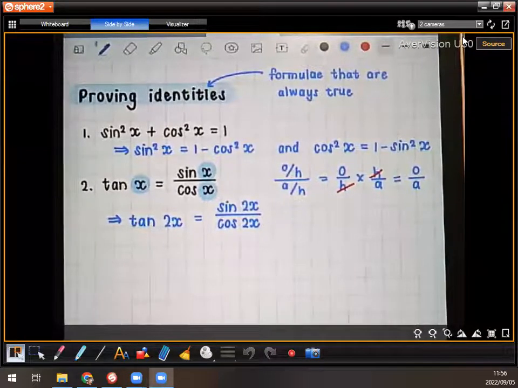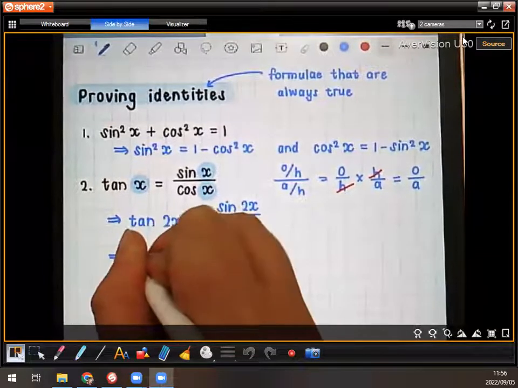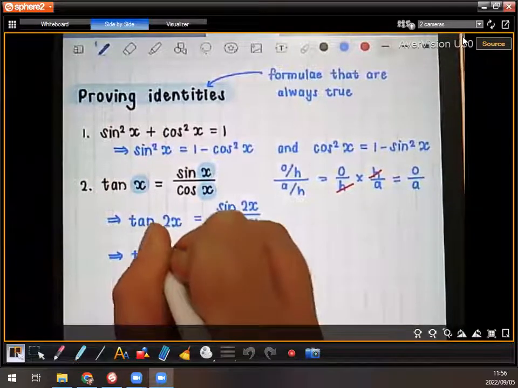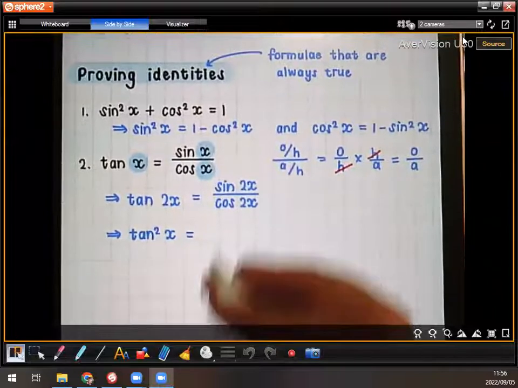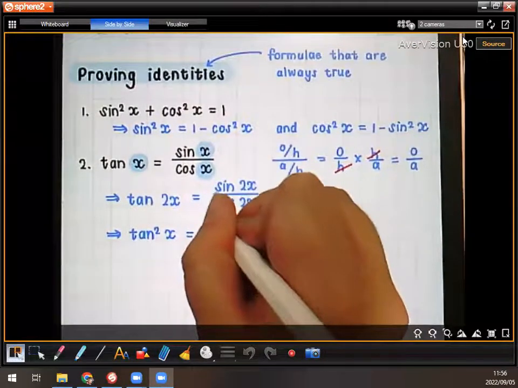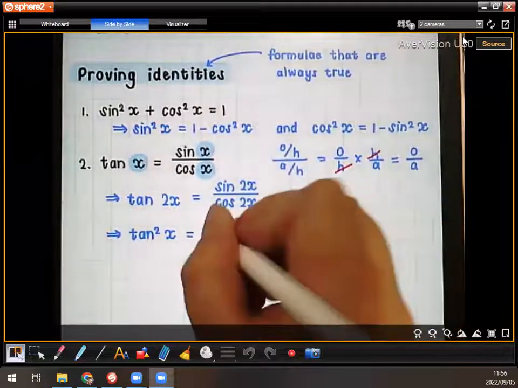Another thing is that this formula, or this identity rather, also works for squares. So if you have tan squared x, you can also change that to sine squared x, yes, over cos squared x.